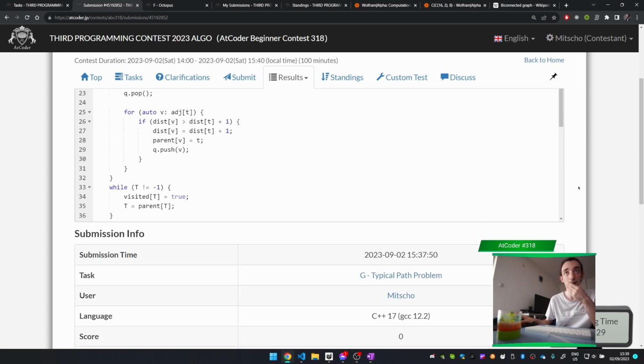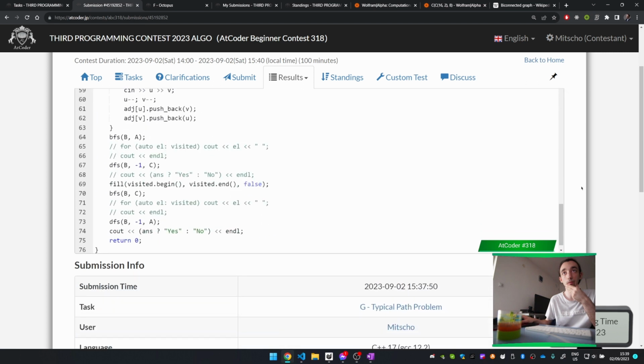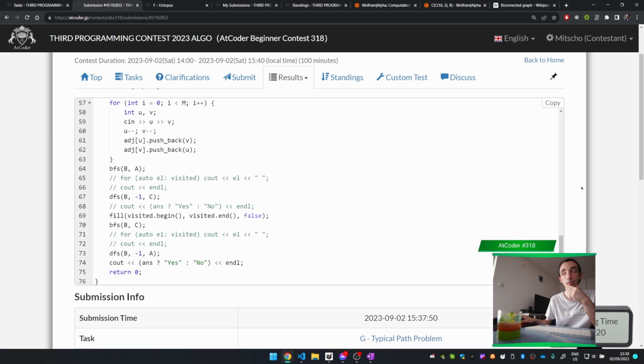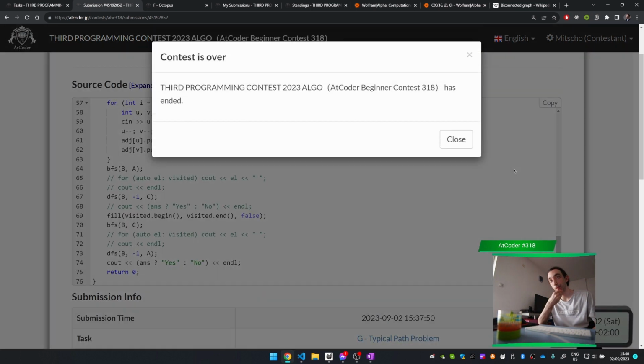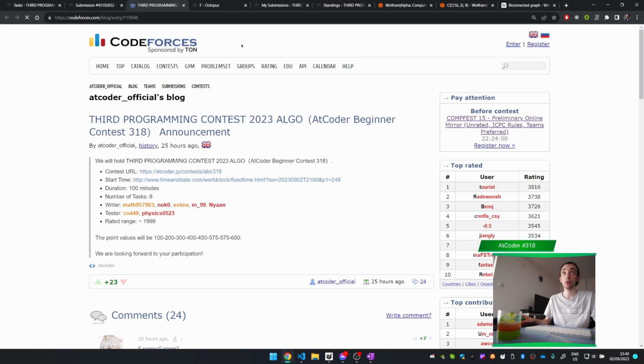But we're missing something here. I'm trying to think of every possibility, but no. I think it's the shortest path.